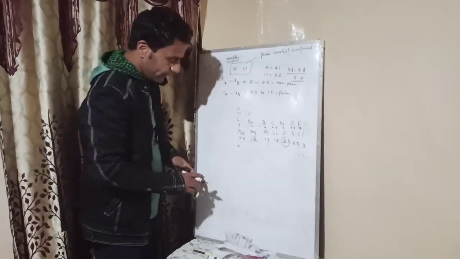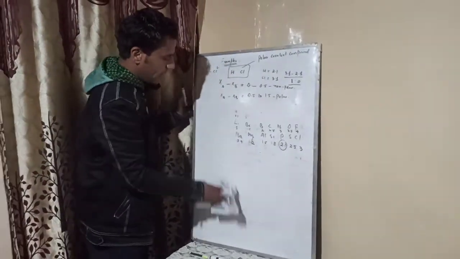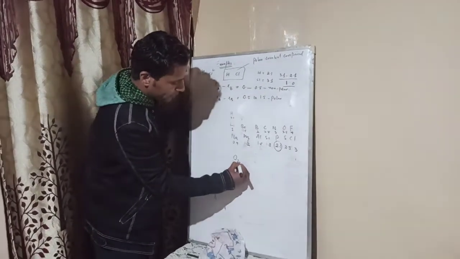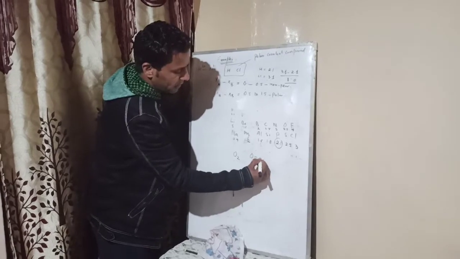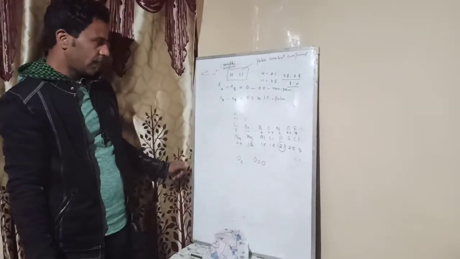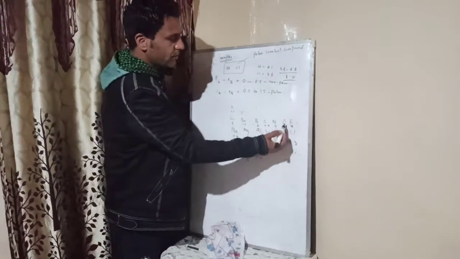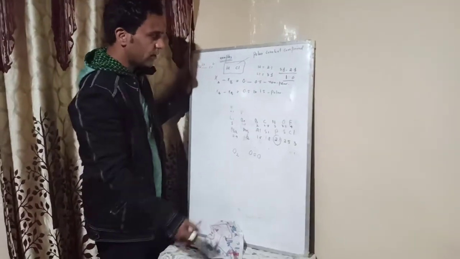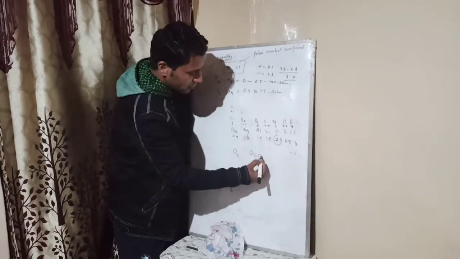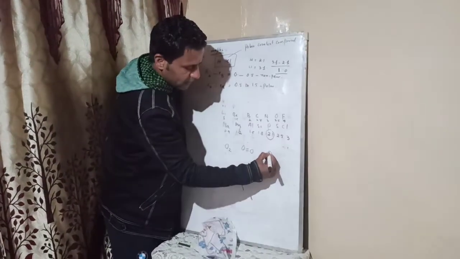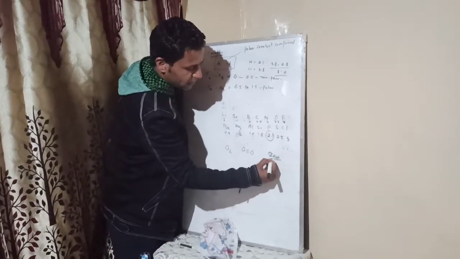Now if we have another covalent compound, for example O2, it is made up of oxygen double bonded to oxygen. Oxygen has the electronegativity 3.5 and the other oxygen has the electronegativity 3.5. So the difference in electronegativity is 0.